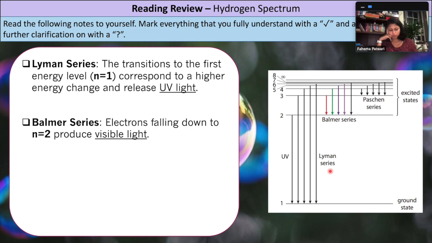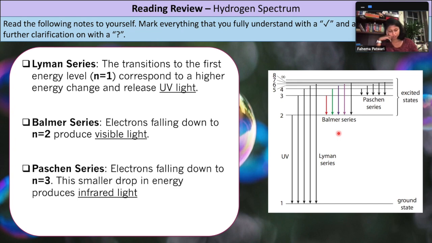Any drop to energy level 2 produces visible light, so red through violet. Any drop to 3 is a much smaller change in energy and only releases infrared light. You cannot see that with your eyes. You need night vision goggles for that. So these three you have to know: a drop to energy level 1 is UV, to 2 is visible, to 3 is infrared.